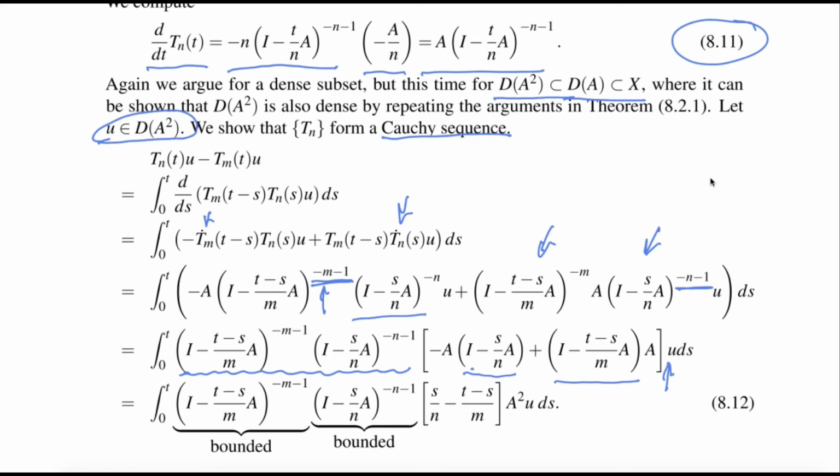Okay, so now the first bit I keep, and I know these are bounded by what we have done before. And the thing in the square bracket, now many things cancel. So there's an A here, which cancels with the identity term A there. And then there's an s/n, (t−s)/m, and an A squared applied to u. So then we get this term here.